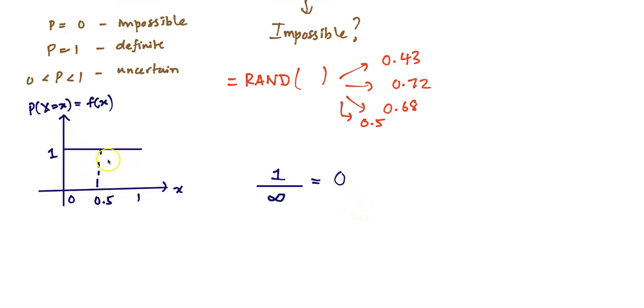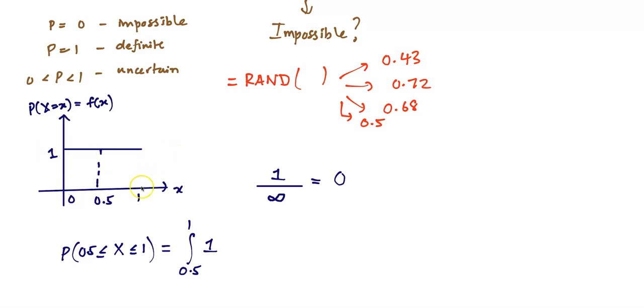Whereas if I'm, let's say, interested in the probability that x takes the values anywhere between 0.5 and 1, right? So let's do this two ways. One is based on the more formal definition. So that would be the integral from 0.5 to 1 of f of x dx, and f of x is 1, right?